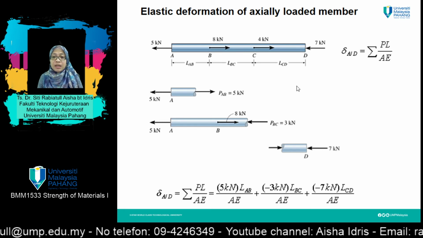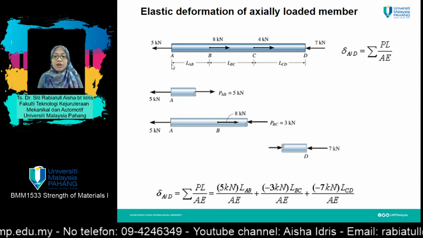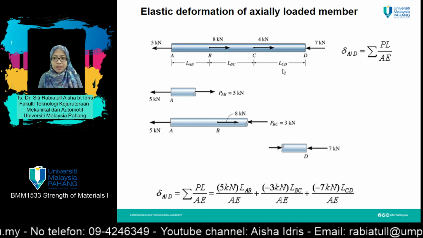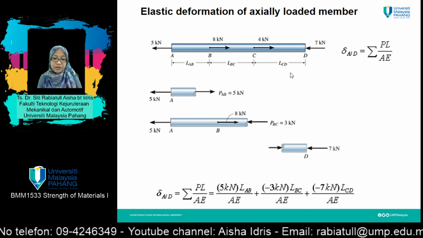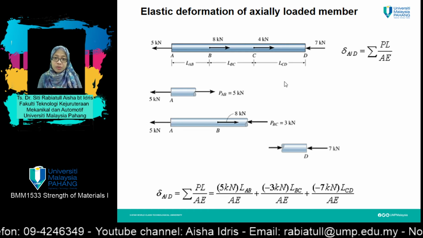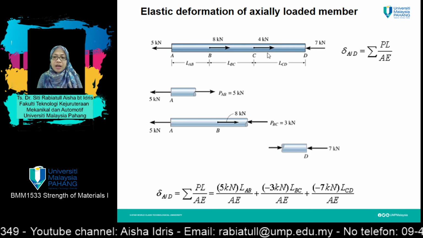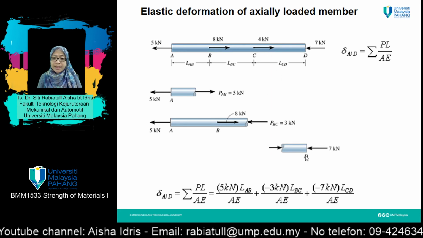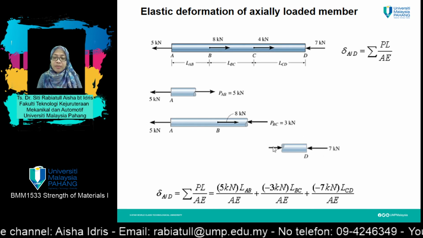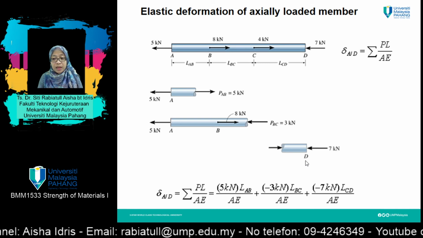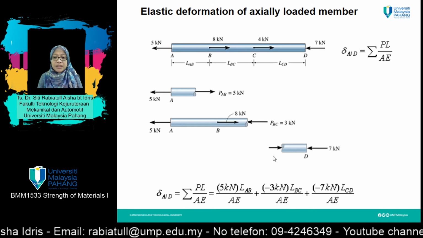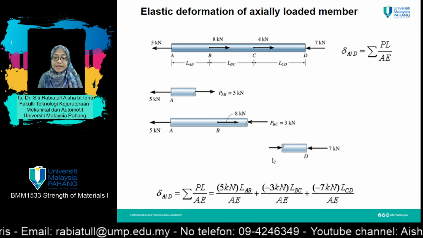And last but not least, you can either cut from A until exactly before point D, or do the other way around, cutting from point D and stopping exactly before point C. From this free body diagram, you'll get the value of 7 kilonewton for PCD.